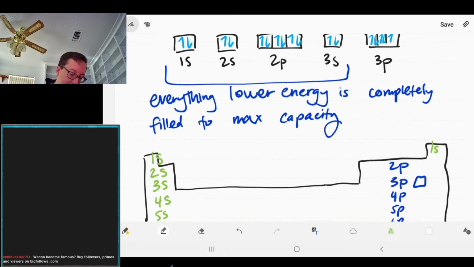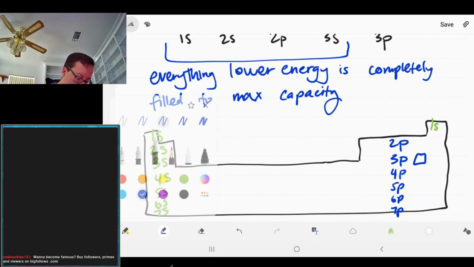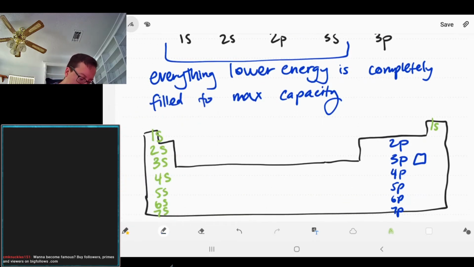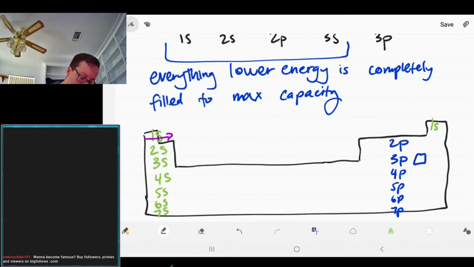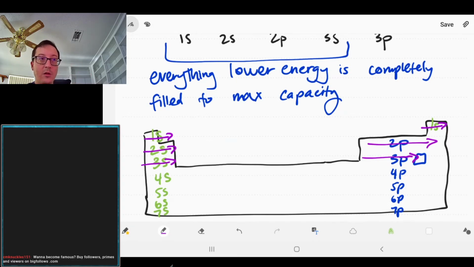And notice that before 3p, if we were to just keep going along the periodic table, we have gone through 1s, 2s, 2p, 3s, 3p, ending at 3p5. So we've filled every orbital that comes before it, and we can get those orbitals from the periodic table.